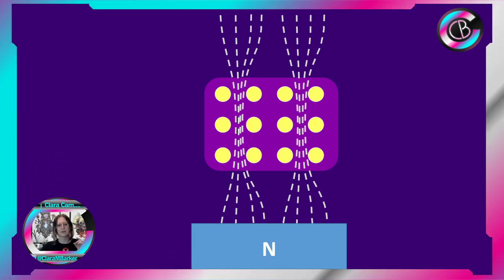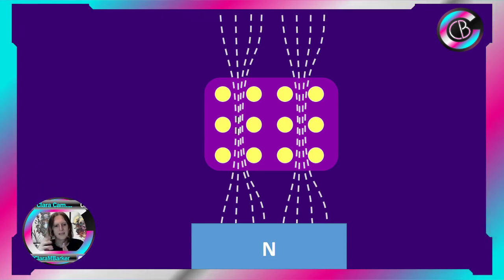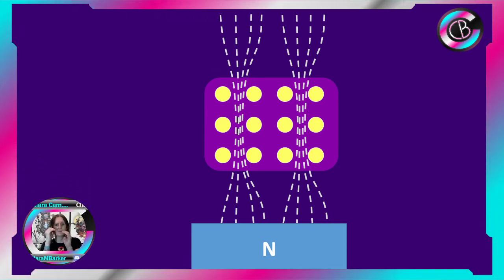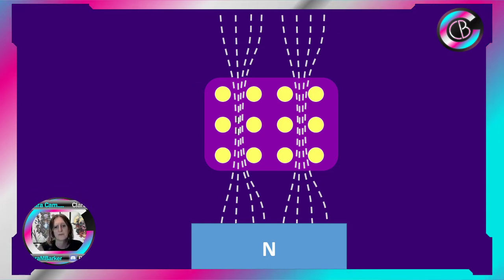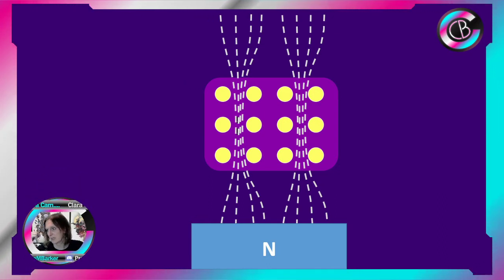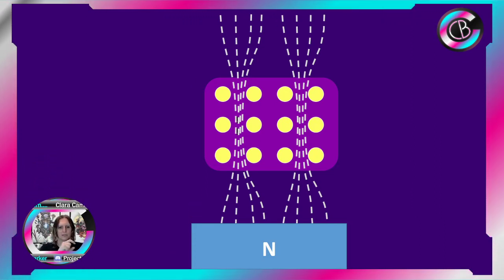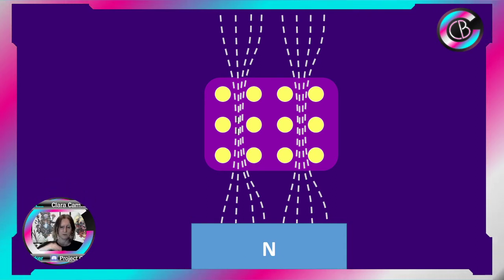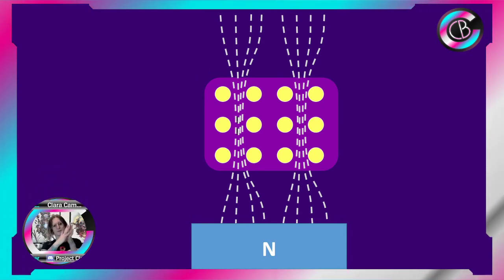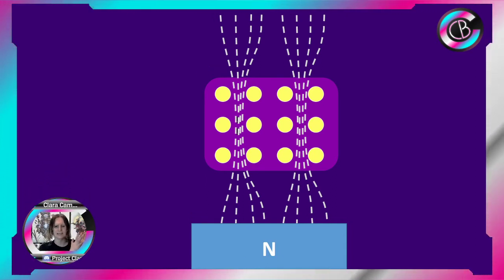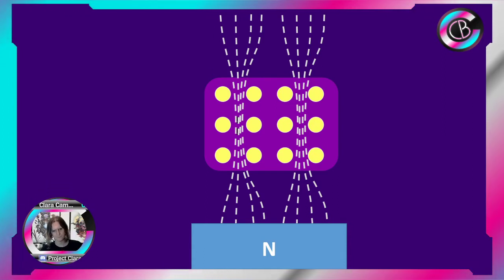So you've got these points where the flux is pinned, and that might be cracks in the grain, it might be imperfections in the structure, it might be a dopant or something like that. Basically, there are certain points within the material that the magnetic field can pass through, and so it gets trapped, locked in place, and stays where it is.